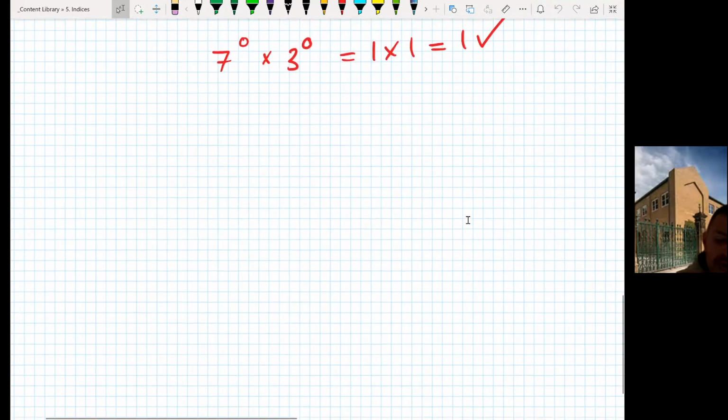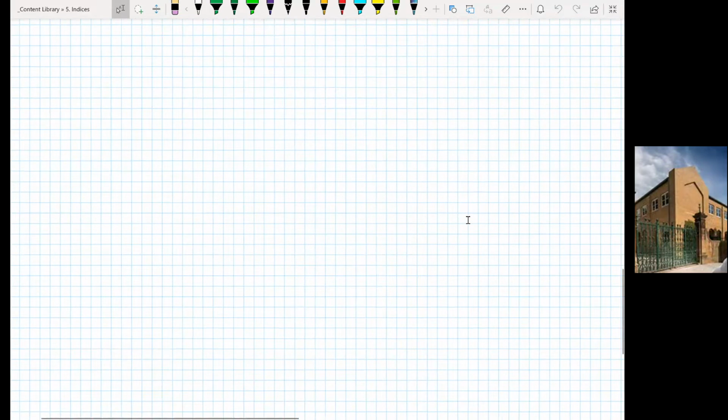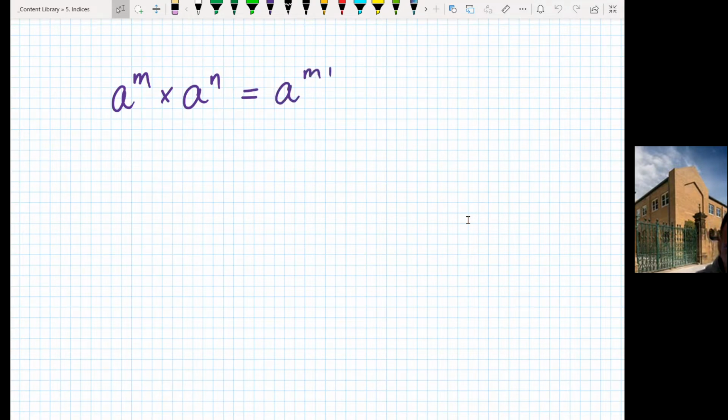Now, I'm just going to briefly remind you about our laws. 8 to the power of m times 8 to the power of n. When we multiply a base that is the same, be it numerical or algebraic, we simply add the powers. When you are dividing a common base, we subtract the powers.